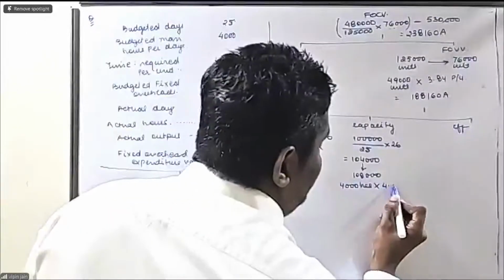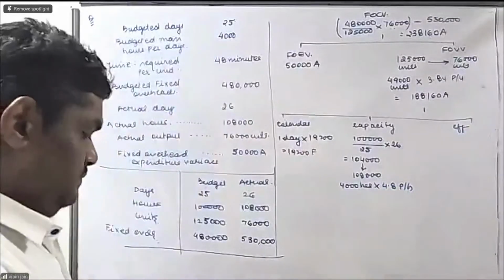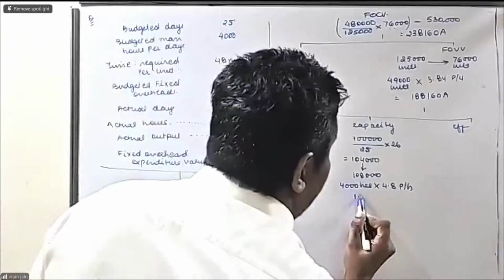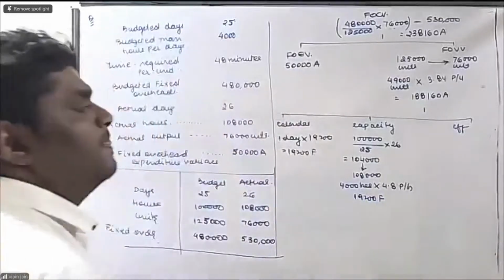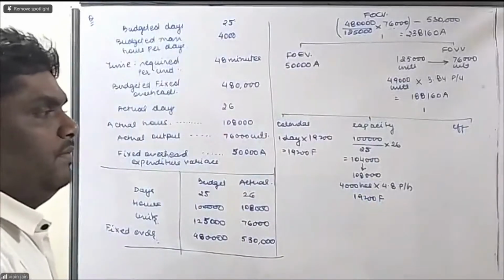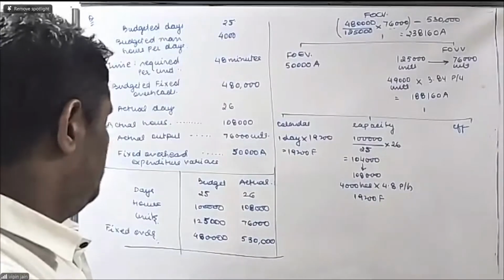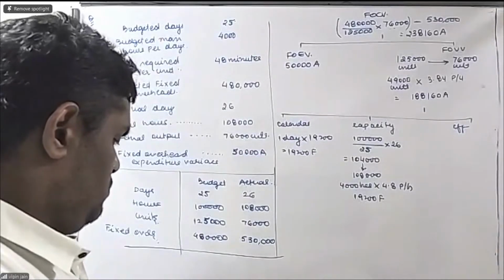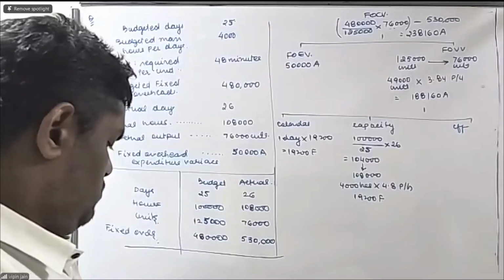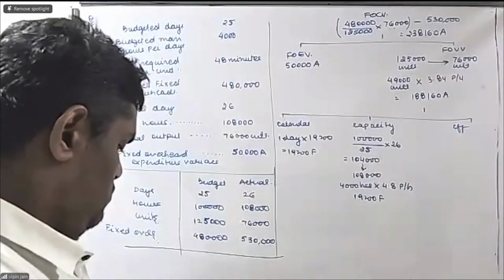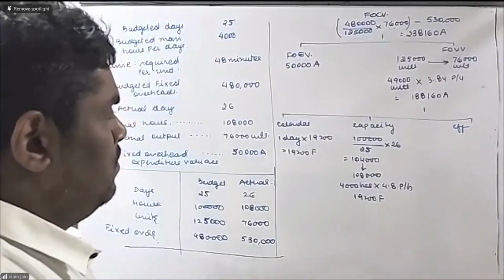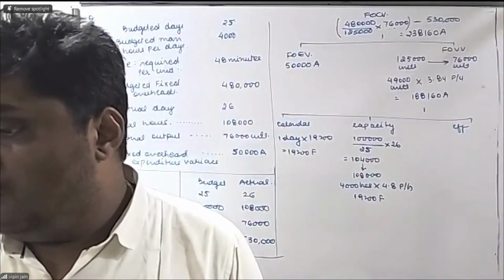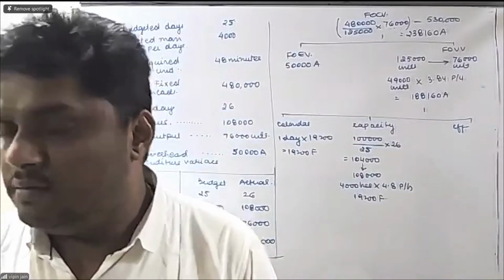So it will be 4.8 per hour. So this will be 19,200 favorable. Very good, Rati Malini. Very good, Kasak.